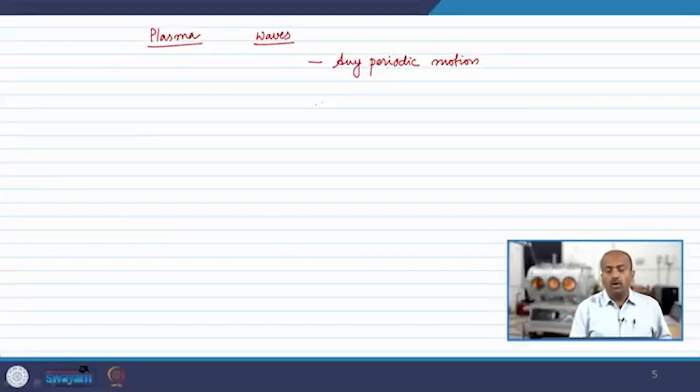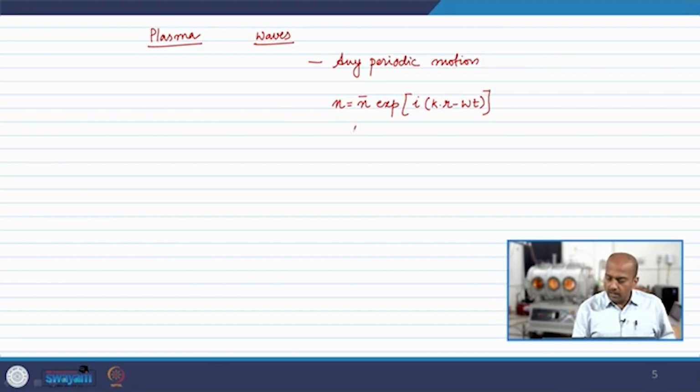Any simple wave can be decomposed into a Fourier series. So, how do we write an expression for the movement of a wave? We write n equals n bar exponential i (k dot r minus omega t).